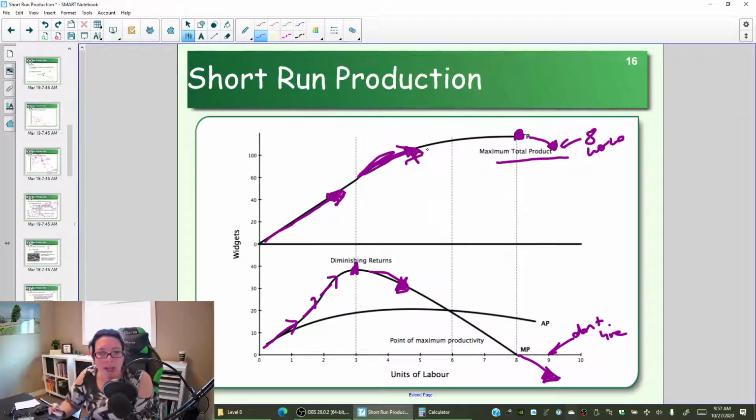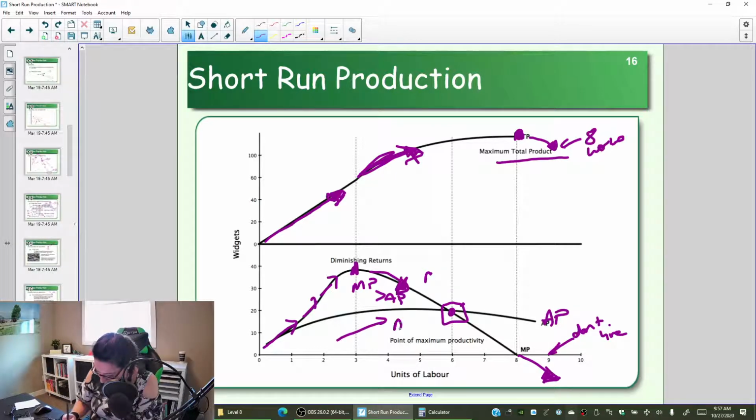Well, when are we getting the most out of each worker? When do we get the most units produced per worker? That's when average product is at its max. And average product is always going to be at its max when it intersects with marginal product. Because when the marginal is above the average, the average will go up.